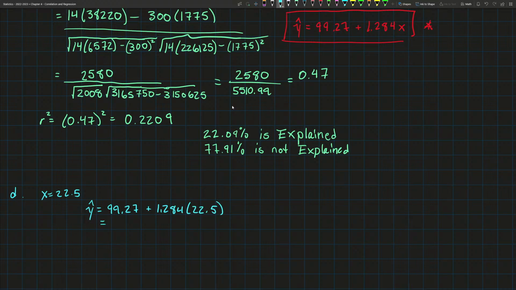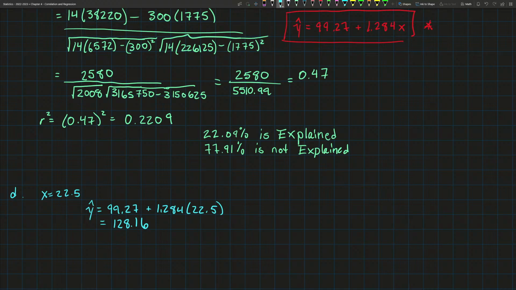We plug that into our calculators: 99.27 plus 1.284 times 22.5, and we get 128.16. That's our prediction, and that entire question is like the test.